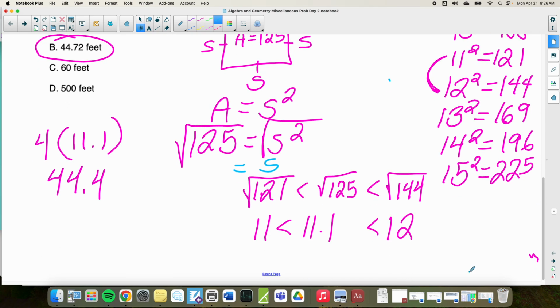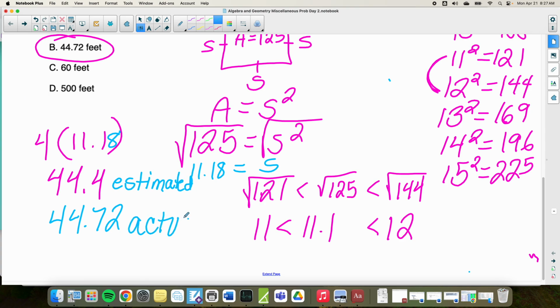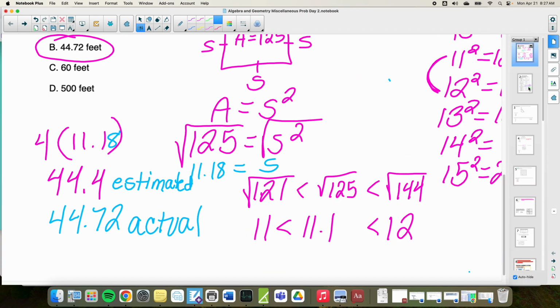So this would be 4 times 11.18, which would be 44.72. So this was estimated. This is actual. So you can definitely tell which answer it would be.